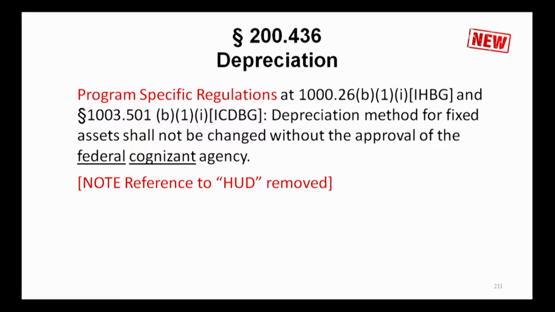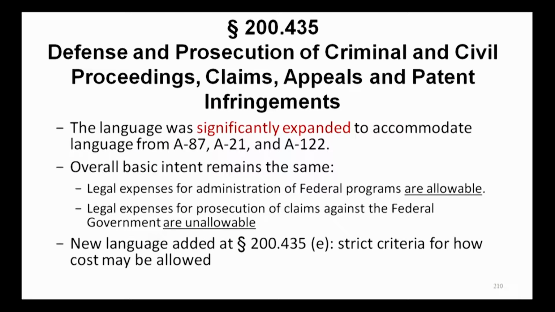What we would really advise folks to do is consult with your attorney on meeting that criteria. If you are going to incur some cost that would fit under this category of defense, prosecution of criminal proceedings, claims, etc., definitely make sure that cost is going to fit the prescriptive requirements of 435(e).